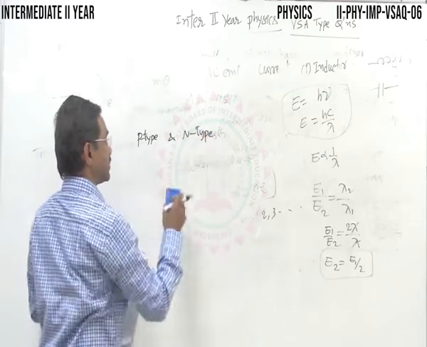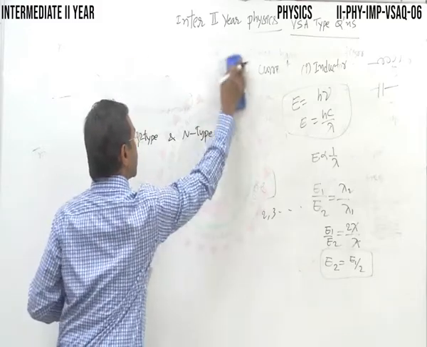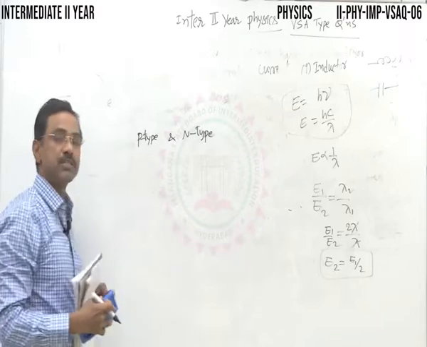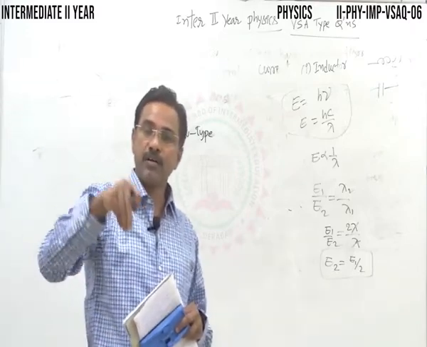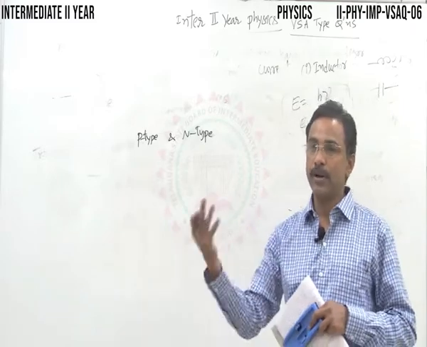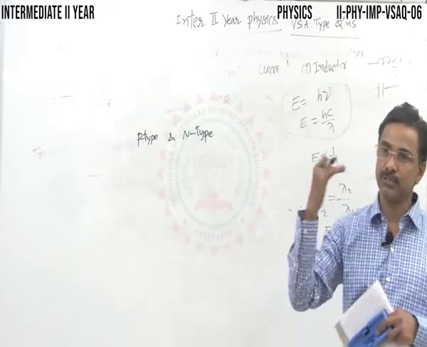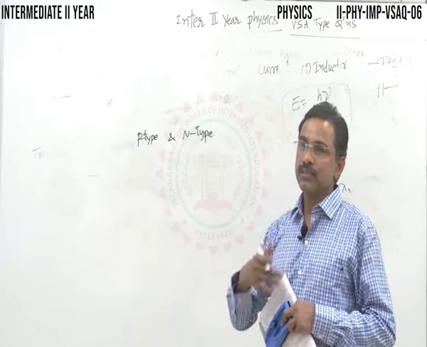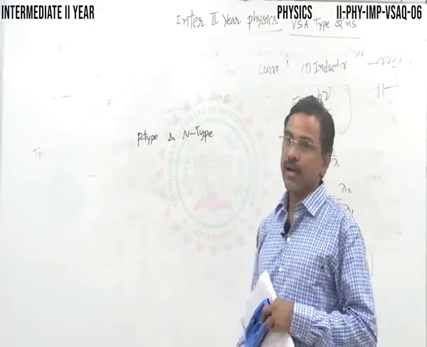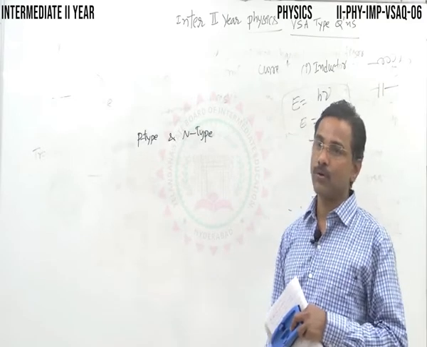Right? Extrinsic semiconductors. A pure semiconductor is called an intrinsic semiconductor. Doping means adding foreign material, either trivalent impurities or pentavalent impurities, third group elements or fifth group elements, so that conductivity increases abnormally. The process of adding suitable impurity is called doping.